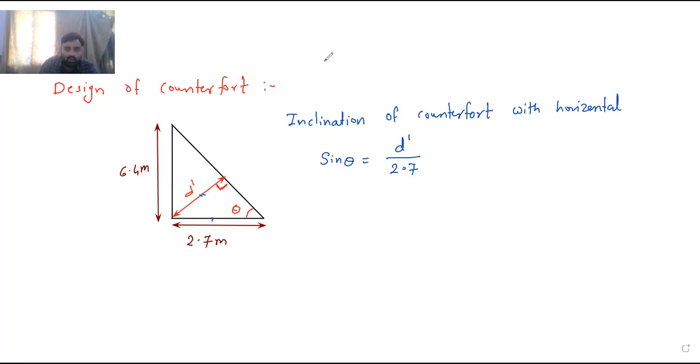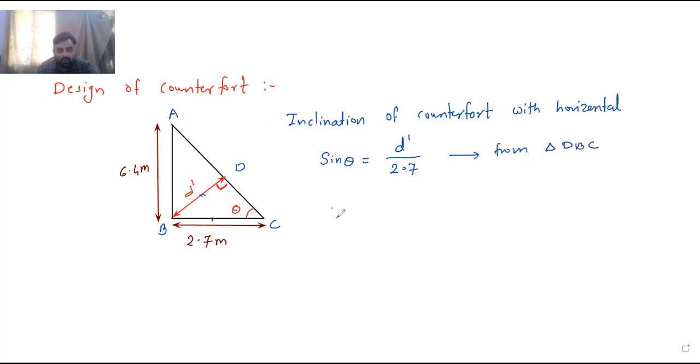But now, if I consider this big triangle, here I will give the names: this is A, B, C, and D. The previous relation is from triangle DBC.